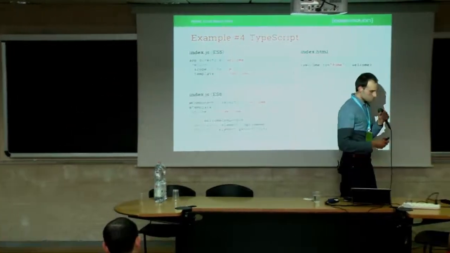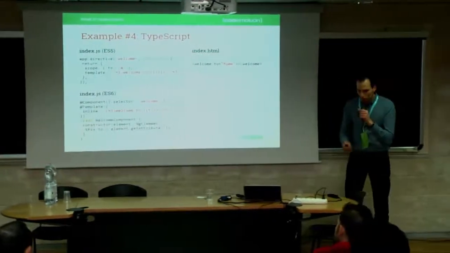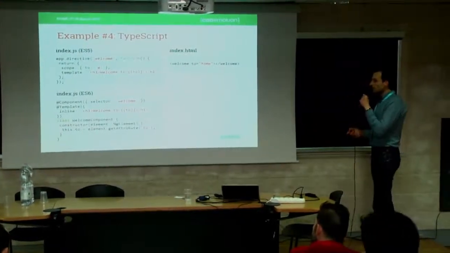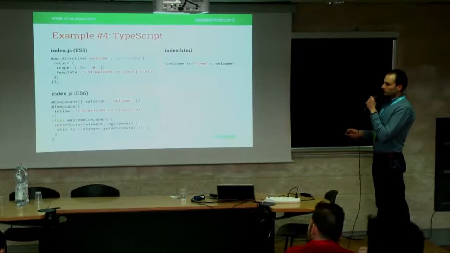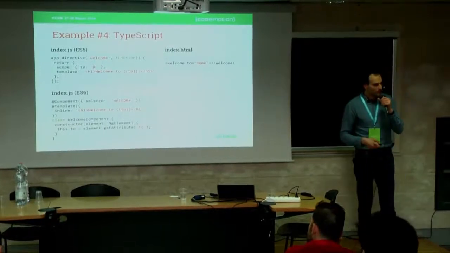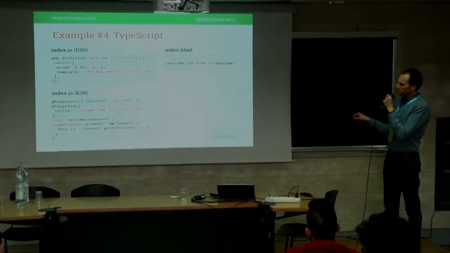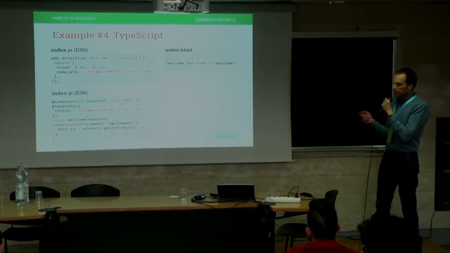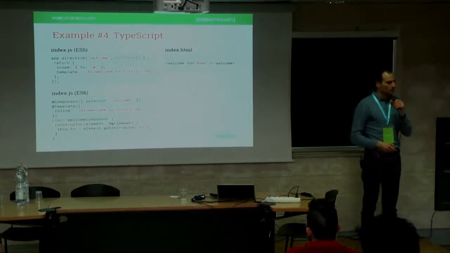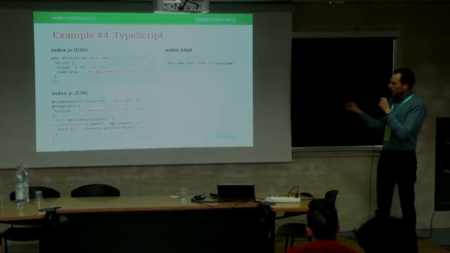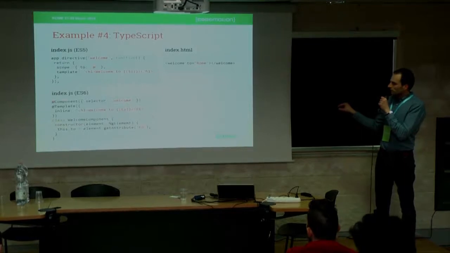Let's see, just as a simple example, how this is going to be. So here we have our first directive written in ECMAScript 5 that we saw a bit earlier. And here we have the same directive written in Angular 2, how it's going to be. So you can see again, the lines of code actually I think are a bit more here, but we have a couple of concepts that are very different. We have this component and template.